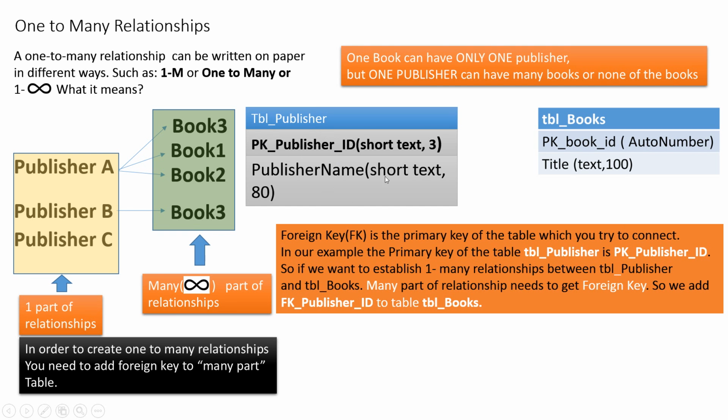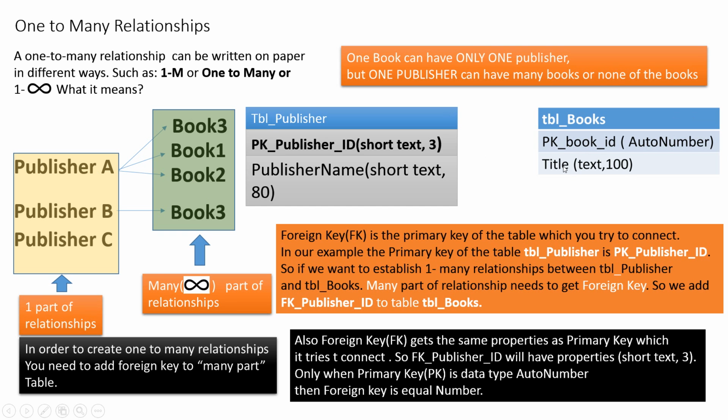So if we want to establish a one-to-many relation between publisher and books, that's how it is, one-to-many. I will remind you, one publisher can have many books. It means that table books must have a foreign key which will relate to the primary key of publisher.